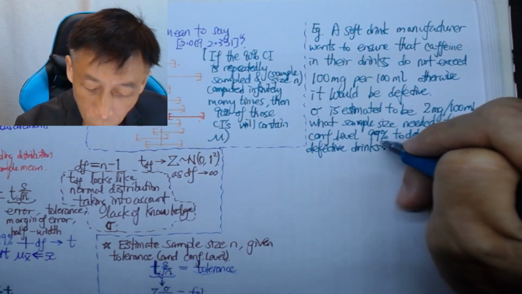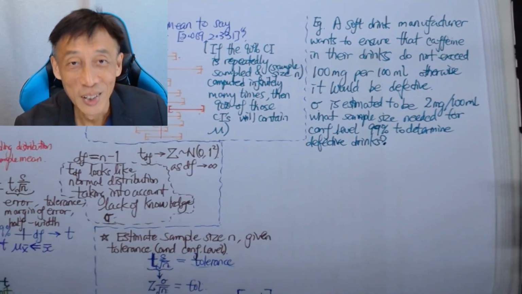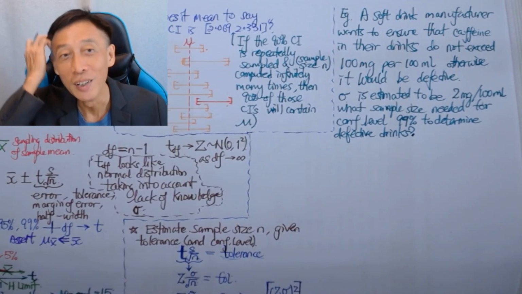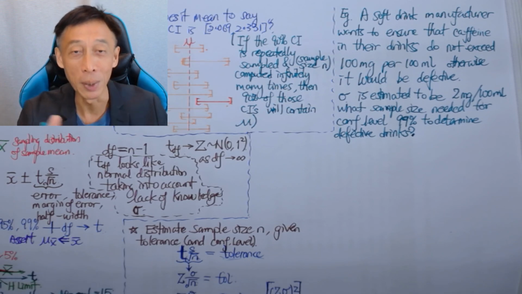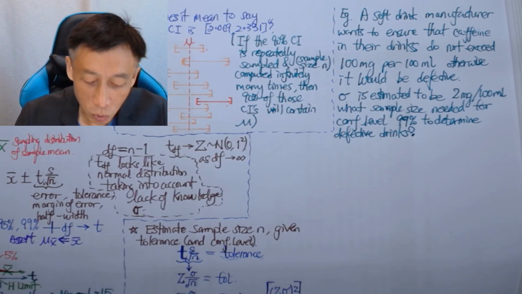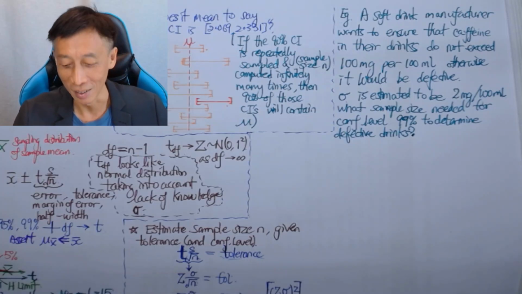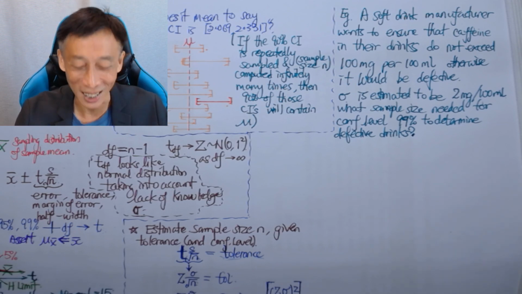Now, of course, ideally you want to check every single drink. So you want to take the output from the manufacturing machine, very rapidly, very noisy and all that, but it comes out very rapidly. A lot of drinks being produced. Technically, you want to check every single can of it, but remember, it's a destructive test. You open up the can, then you cannot sell the can.